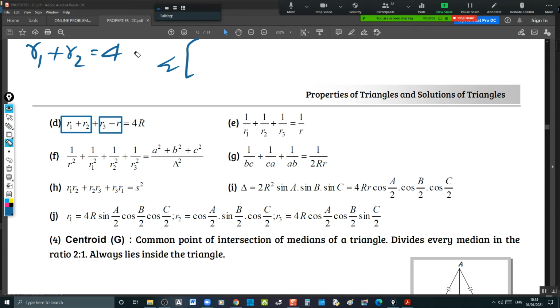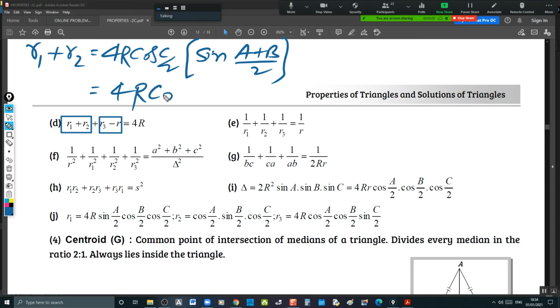For R, cos C by 2 common. You will get sine of (A plus B) by 2 within the brackets. What is sine of (A plus B) by 2? Cos C by 2. So this is nothing but 4R cos square C by 2. So R1 plus R2 is 4R cos square C by 2, please. Rest of them in cyclic order.